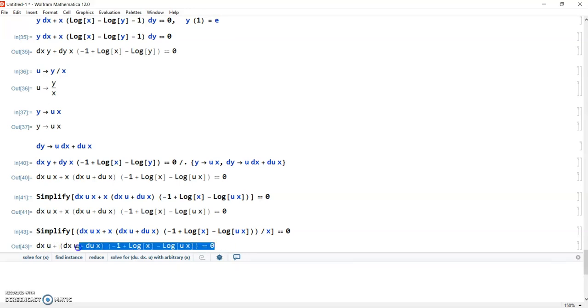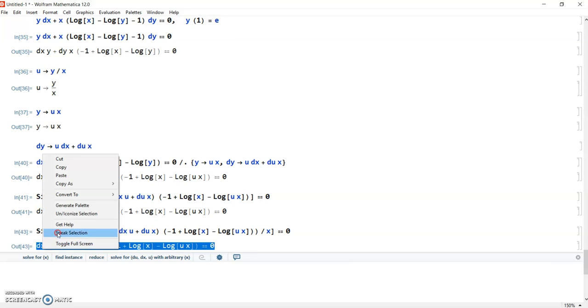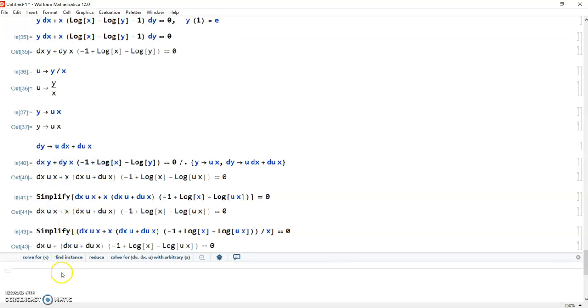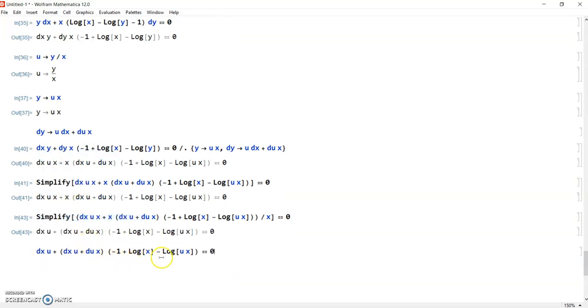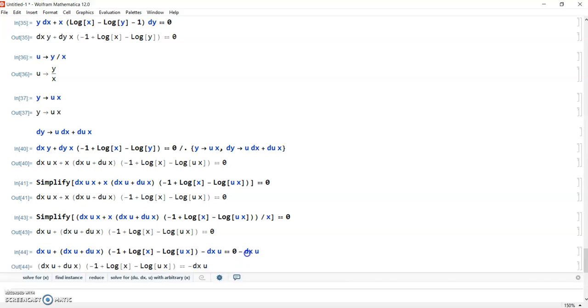So in the next step I can take dx on the other side. So minus this term, minus dx u, minus dx u. Okay, so one of the dx terms is here, but there are still some other terms of dx over here.